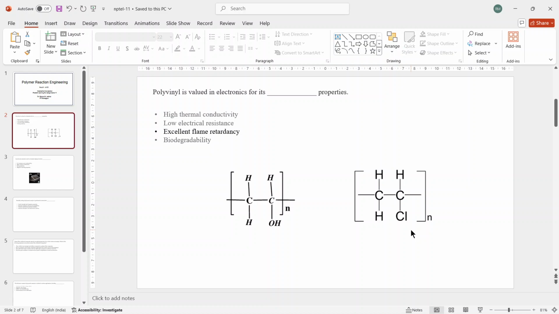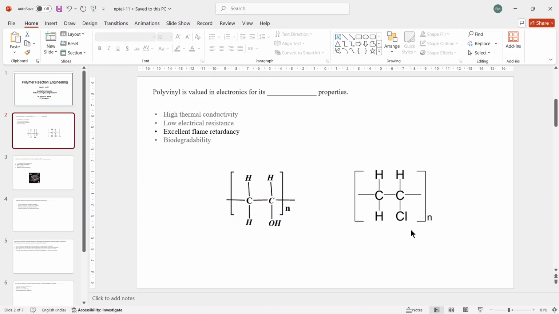Now, polyvinyls are very good, excellent flame retardants. Why? Because, as I explained, whenever they burn through, they produce char, and because of that, further burning of the flame is stopped. That's why the flame retardant property of polyvinyl is very high. But this is only achievable when the amount of plasticizer present inside the polyvinyl compound is low. Why?